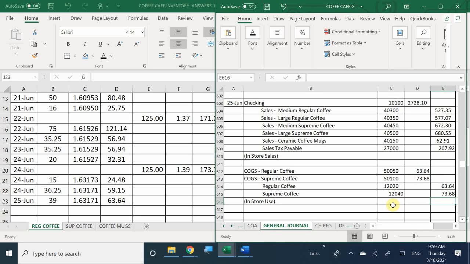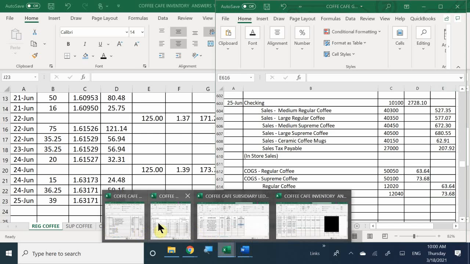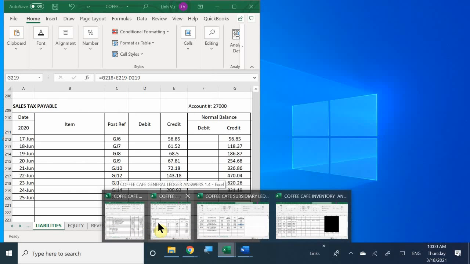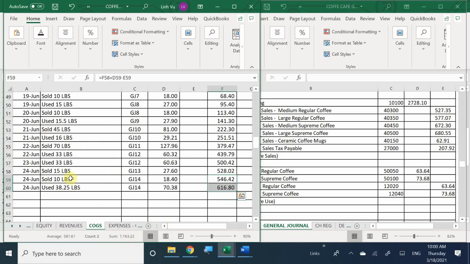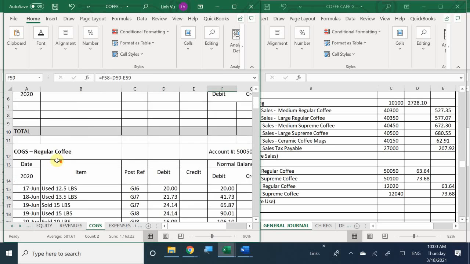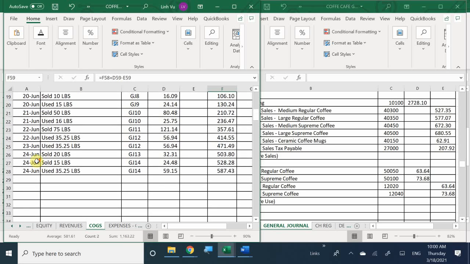All right, in-store sales. So then now we got to go to our ledger. So cost of goods sold.